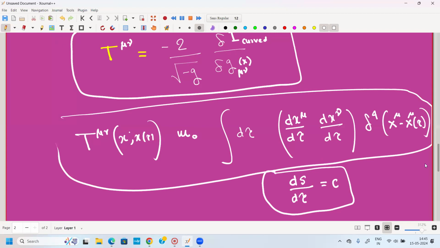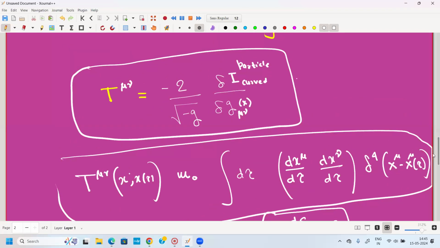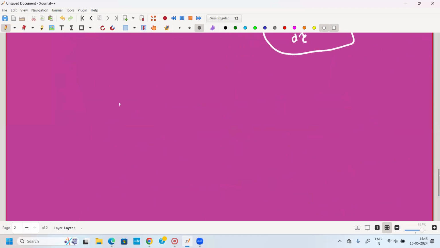One can also observe from this expression that the variation of action can be cast as the variation with respect to g mu nu. So this indicates that the matter distribution interacts with the geometrical component, the metric, or variation of the metric, which reminds us of the interaction of a charged particle in a magnetic field.